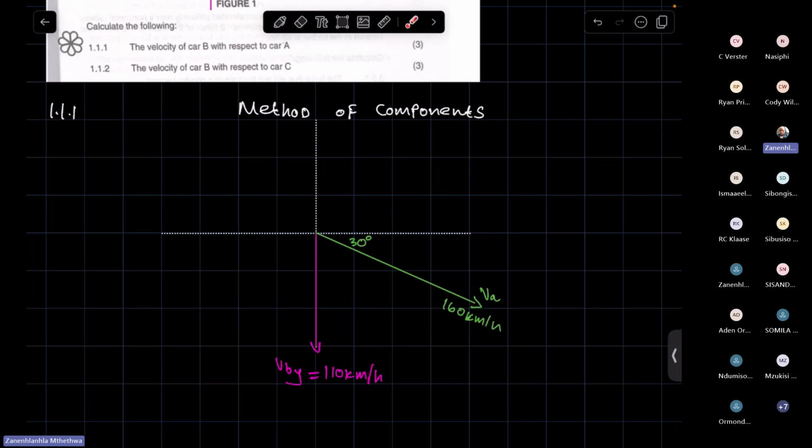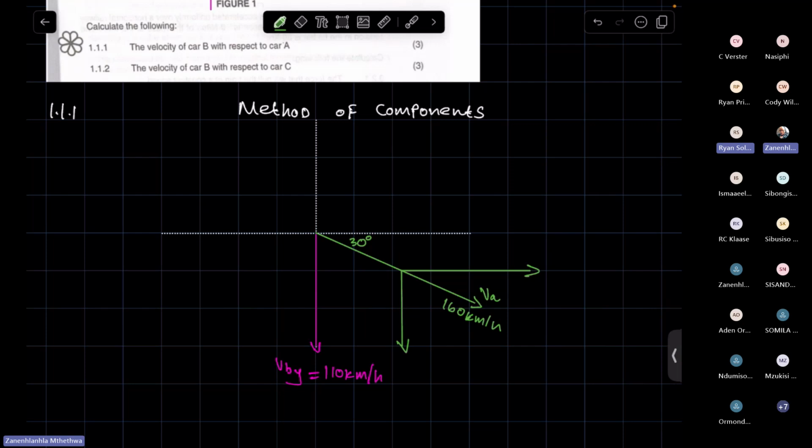Now, as you can see, VB is parallel to the y-axis, so it doesn't need to be resolved, right? VA, however, is an oblique vector. So in order for us to be able to apply conditions of equilibrium, we have to resolve this into its components. Resolving this into its components, we already know we are going to have a horizontal component going in this direction, as well as a vertical component going in this direction.